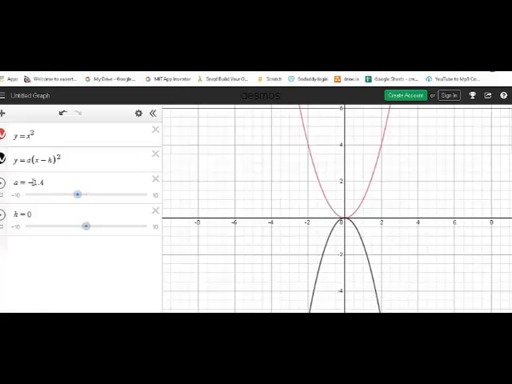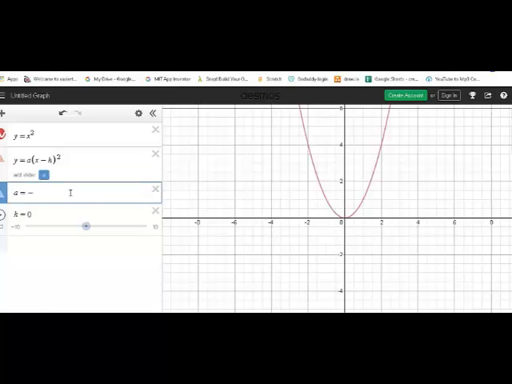When it becomes less than -1, something like -1.4, or let's say -2, you see that the graph is stretched vertically or compressed horizontally, but still it's flipped or reflected upon the x-axis. So let's go back to a value of 1, and you can see that the graph is right on top of the base function.